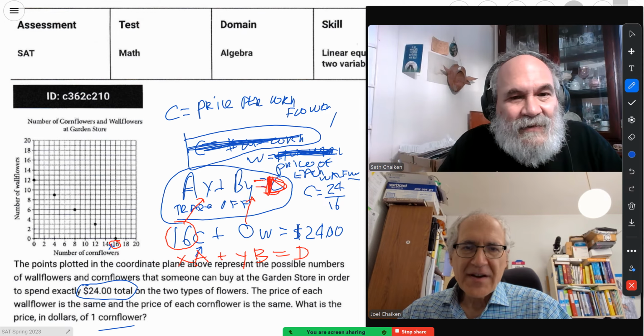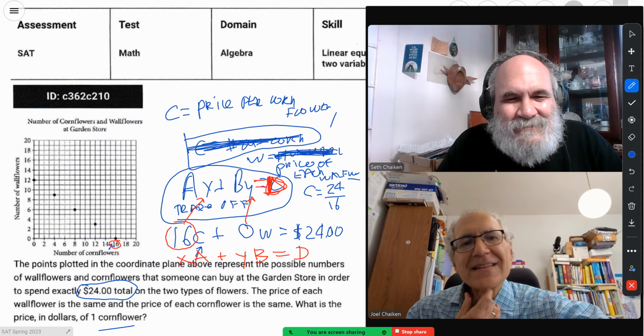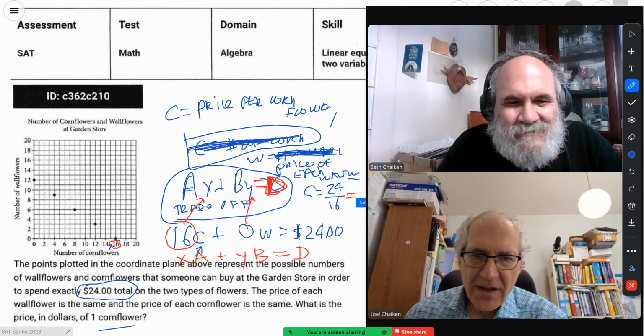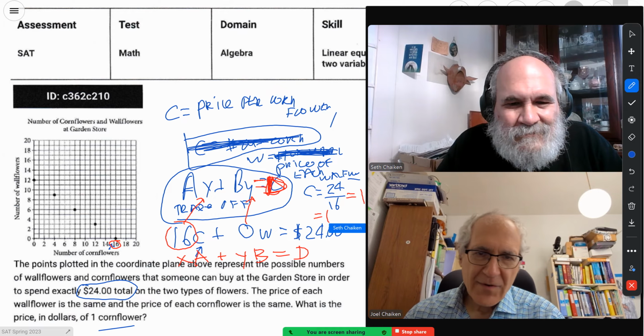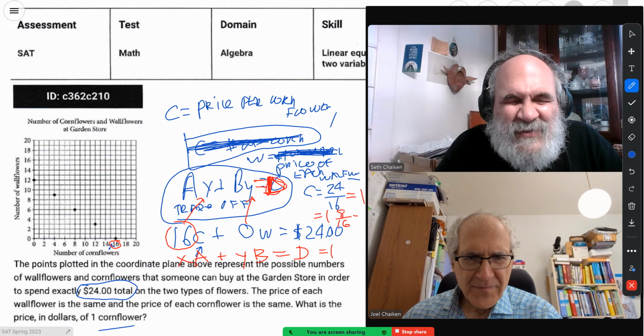You have to simplify that. So either use a calculator to divide 24 by 16 to get a decimal, or you do 12 over 8. You're going off the screen, Seth. Go down, go vertical. 12 over 8, and then you got a... What? One and a half? 24 over 16 is 1 and 8/16.